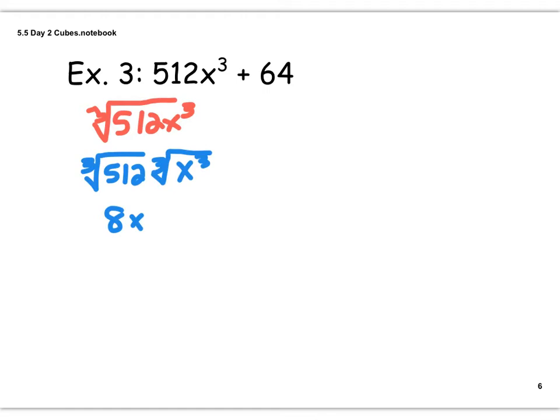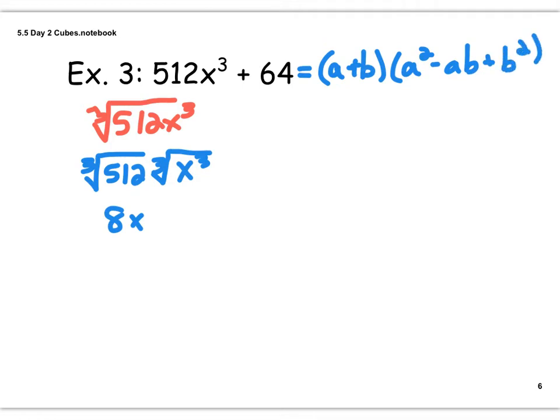So this is the sum of cubes. Our formula for that is a plus b multiplied by a squared minus ab plus b squared. Okay, right below all of that, I'm just going to go ahead and plug in what I have.